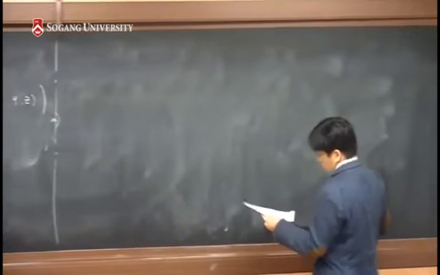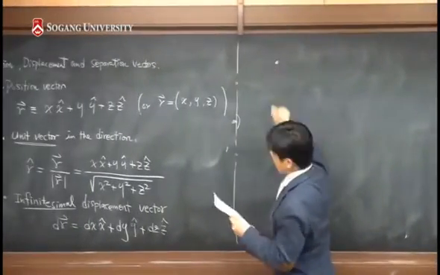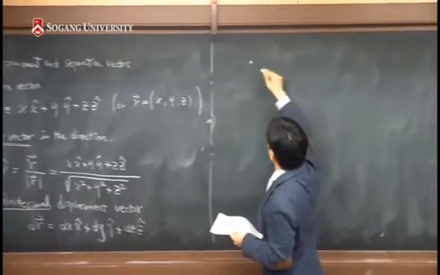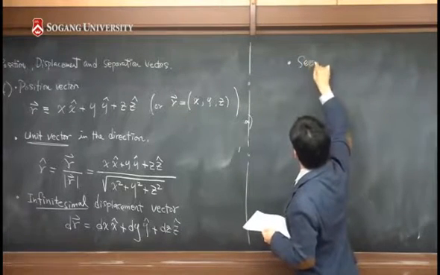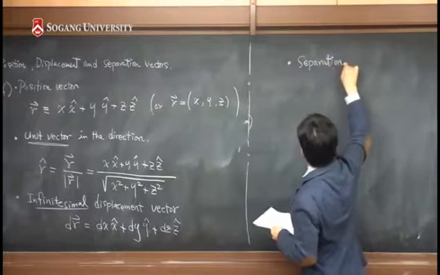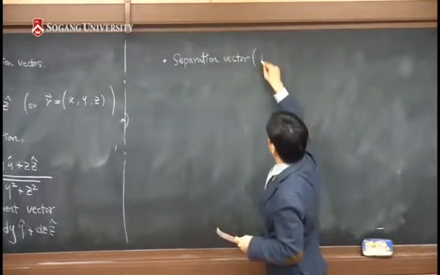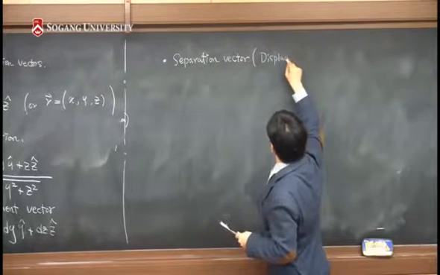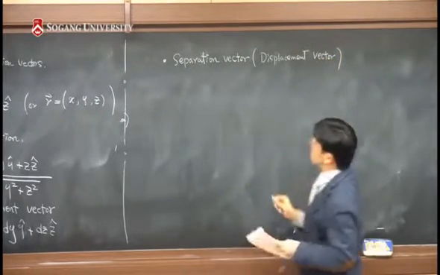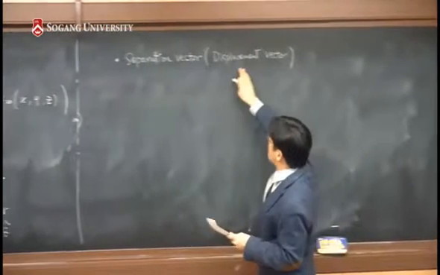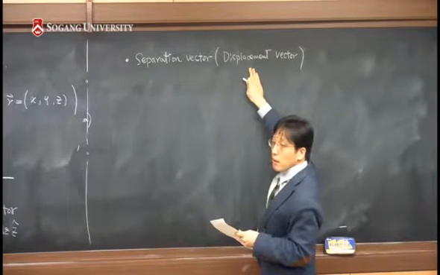And the fourth one, for which I will show you each convention, is the separation vector, which we sometimes call the displacement vector, the directional vector which denotes how the position of a particle is changed.